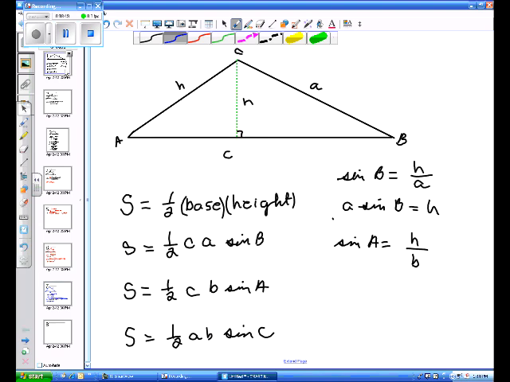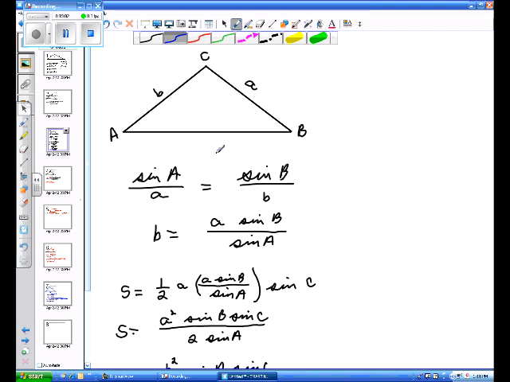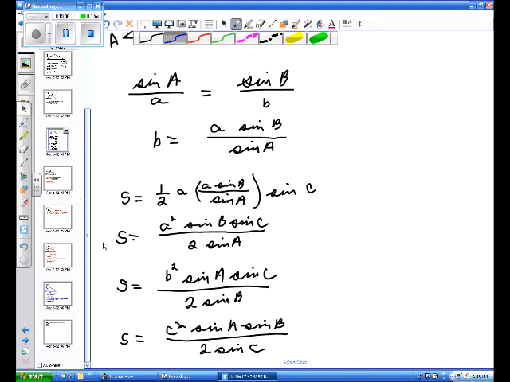If you're given two sides and the included angle, then we would use one of these formulas depending upon which two sides we were given. If we were given two angles and a side, then we'd find our third angle, and then it's the side squared times the sine of the adjacent angles divided by twice the sine of the opposite angle.